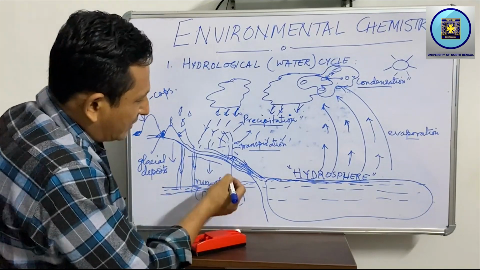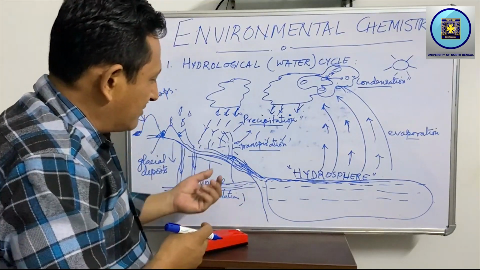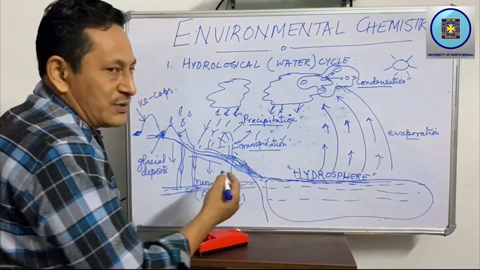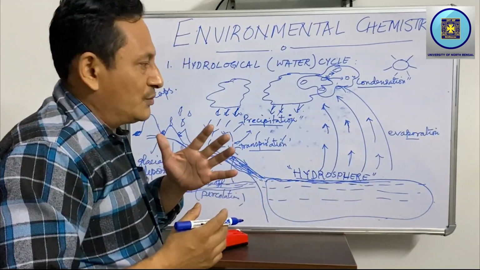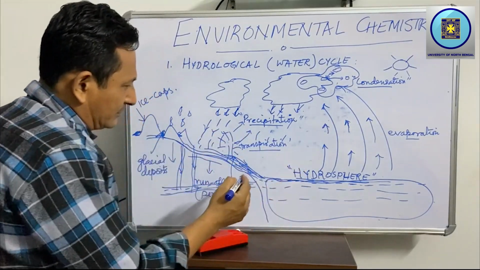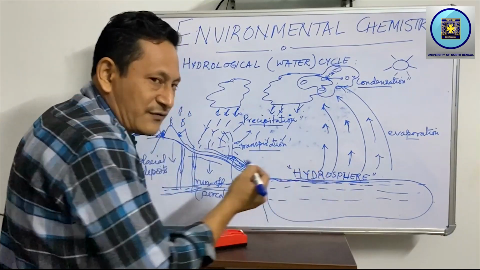That could be groundwater, or surface water in the form of lakes, rivers, sea, whatever it is. So all this combined mass, which constitutes around 75% of the total earth, is known as the hydrosphere.